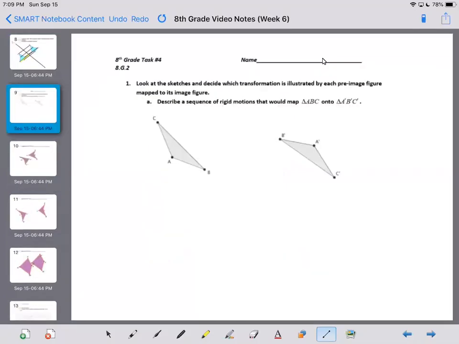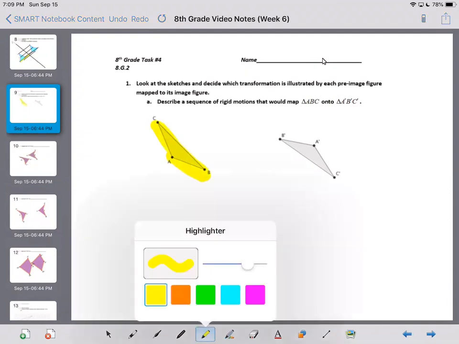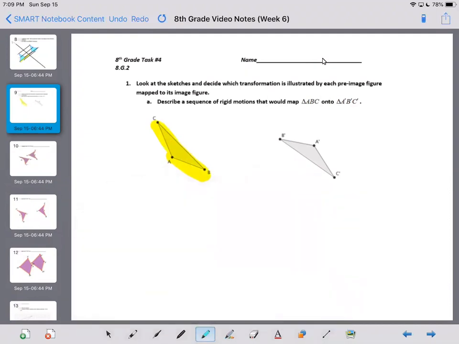Looking at our next task, we've got a sketch of a triangle, ABC, and we're trying to figure out, well, what sequence of rigid motion would allow us to map it to A prime, B prime, C prime.